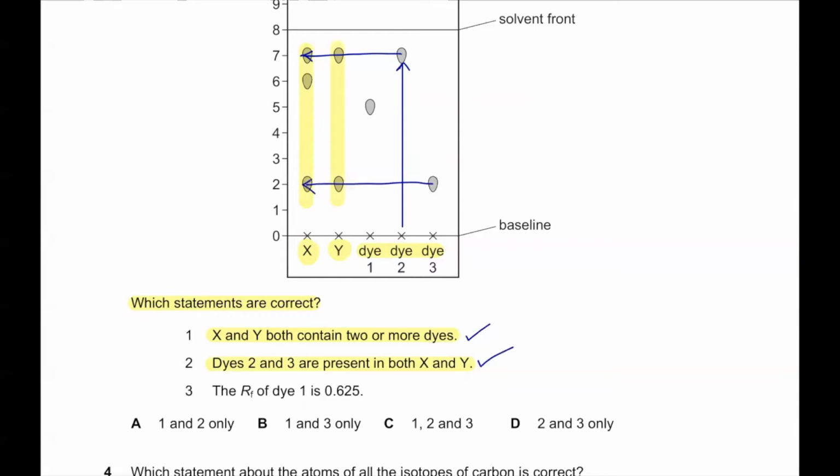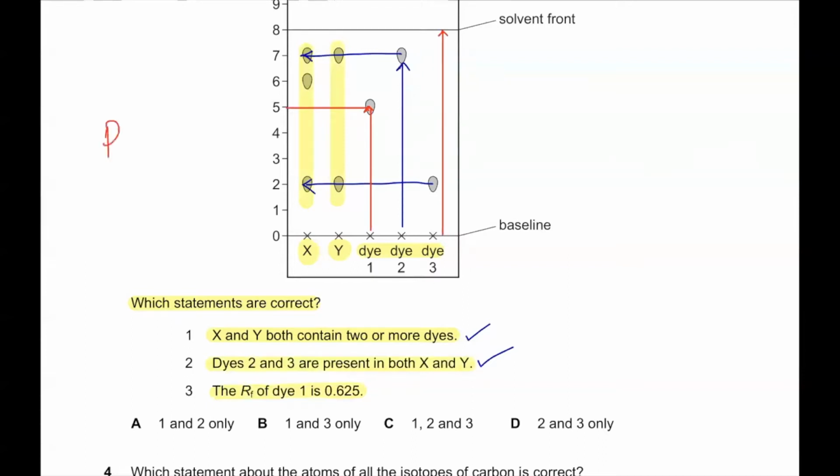Now we have to see if the RF of dye 1 is 0.625. For dye 1, we can measure the distance traveled, which is approximately 5. The distance traveled by the solvent front is 8.